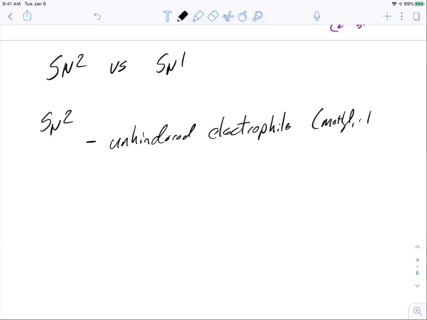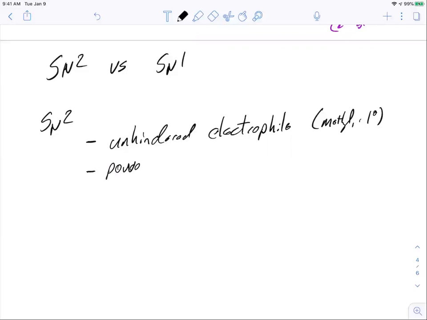So your methyls and your primaries. The rate of the SN2 reaction really has both the nucleophile and the substrate in it. And if I can hinder the backside attack, the anti-orbital attack of the nucleophile, that's really going to slow the SN2 reaction down. So what will favor SN2 is unhindered electrophiles.